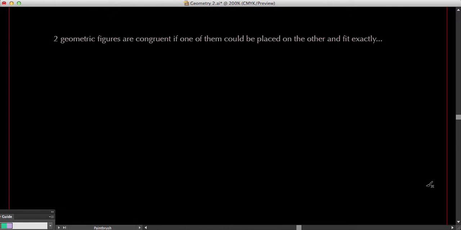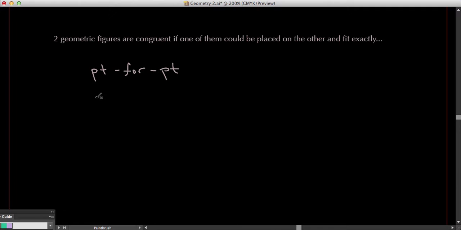So two geometric figures are congruent if one of them could be placed on the other and fit exactly. So that means that if two geometric figures are congruent, they match up point for point.